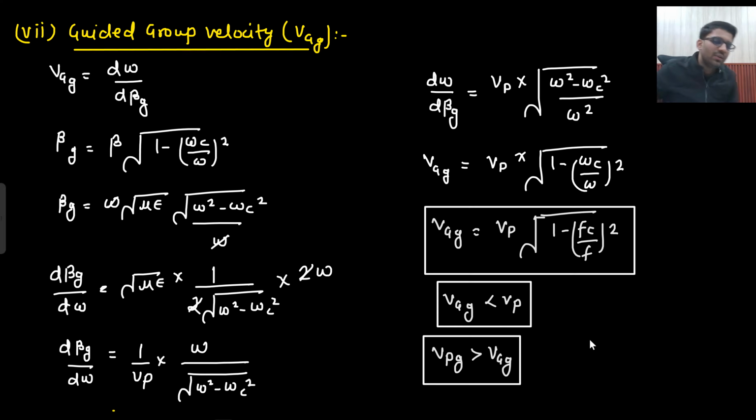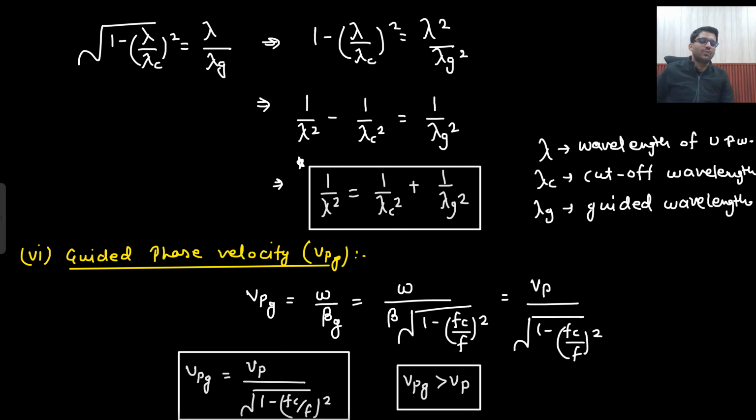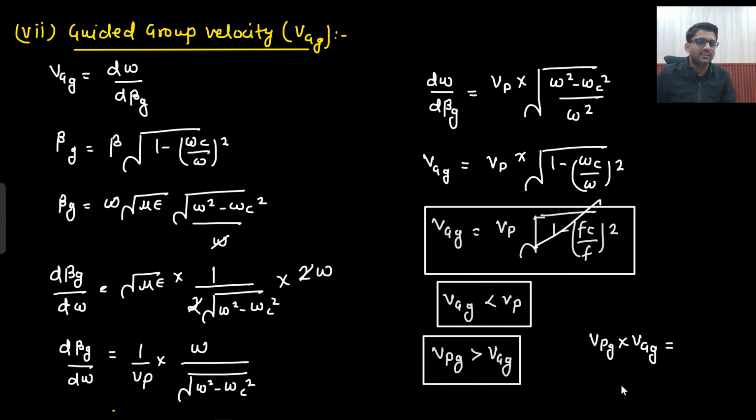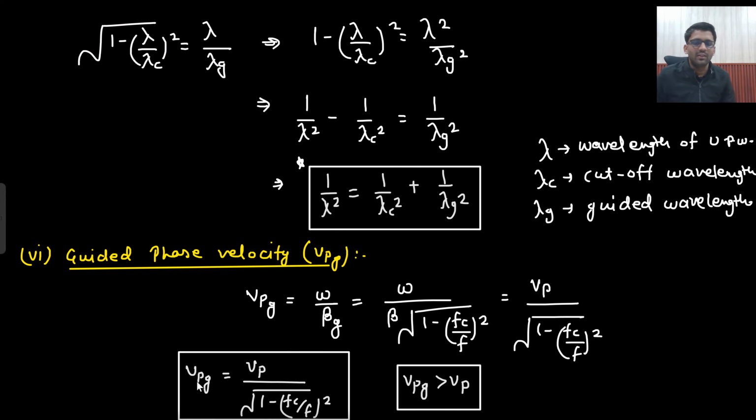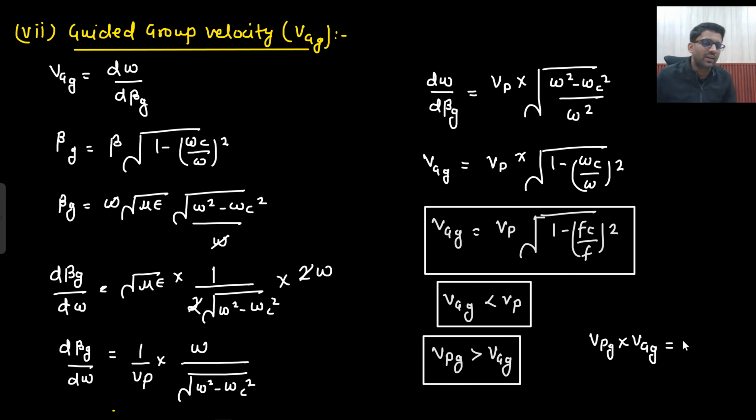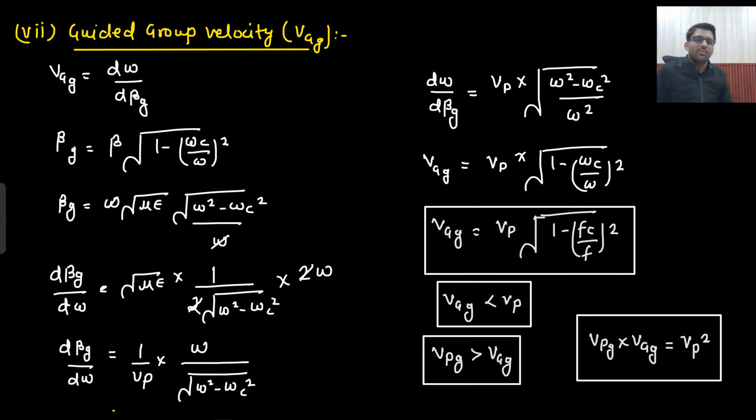And what is VPG into guided group velocity? What is the multiplication of both of them? If you multiply this and this, then this expression, under root 1 minus fc by f whole square, will get cancelled, and what you are going to get is Vp square. And what is Vp there? Vp is the phase velocity of a uniform plane wave.